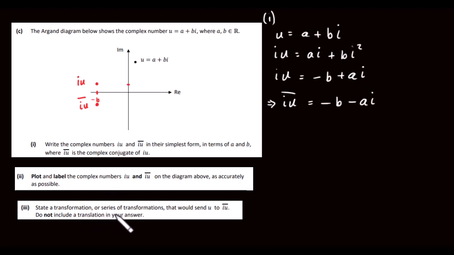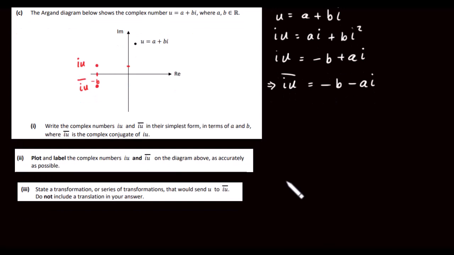Now, state a transformation or series of transformations that would send u to iu conjugate. Do not include a translation in your answer. Okay, so let's write all that out.